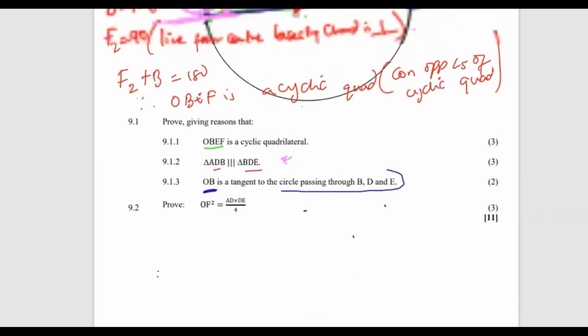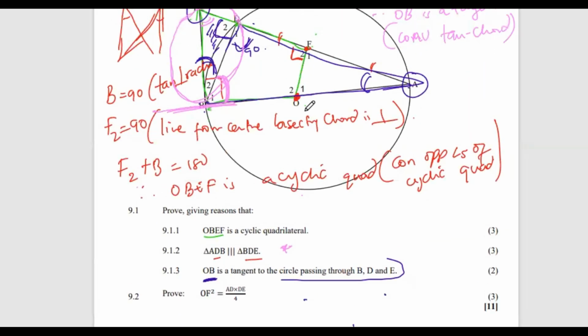So OF. You want us to prove that OF squared is equal to AD, this distance, times the DE. How do we go about that?